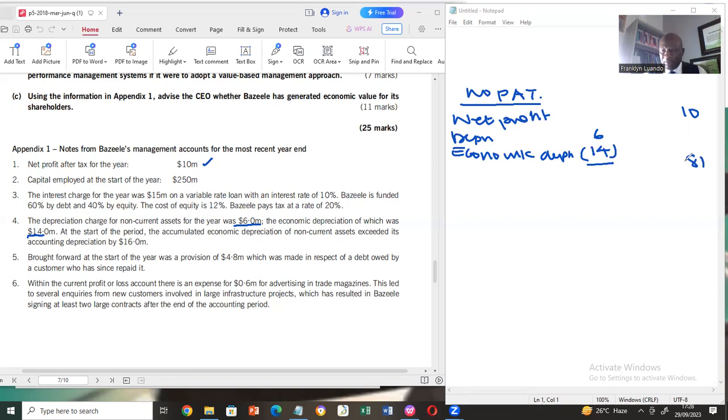Then now I want you to understand, interest is already represented by the WACC. So it must be added back net of tax. So net of tax interest.